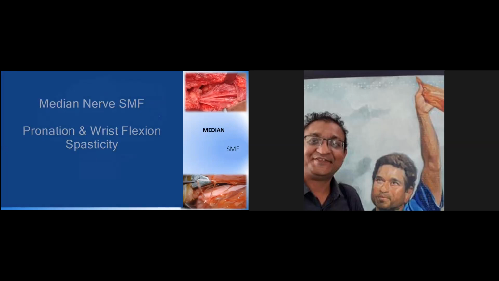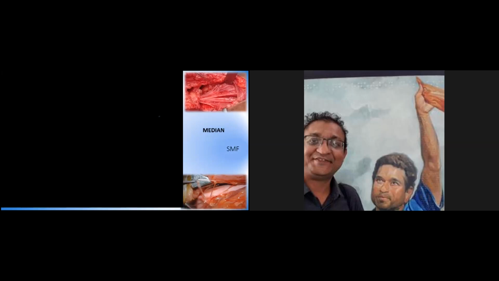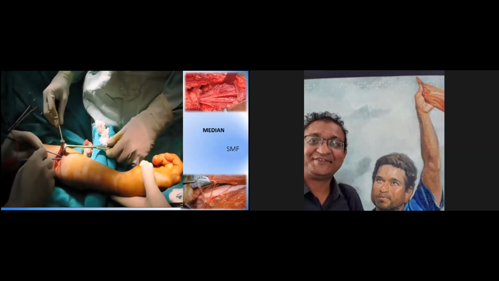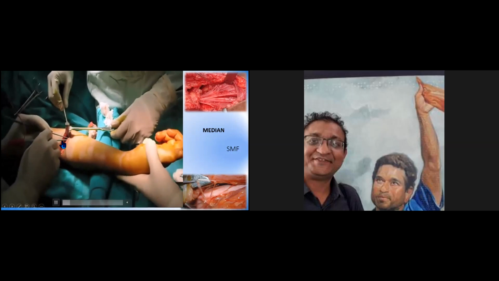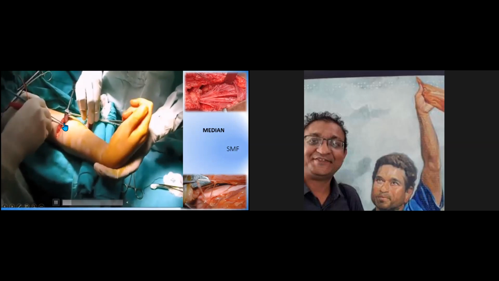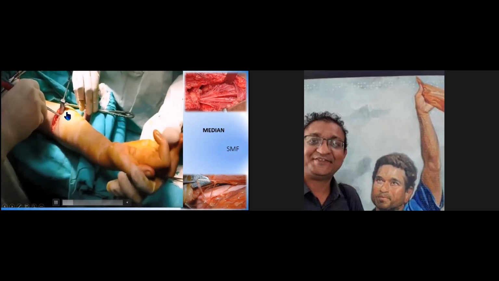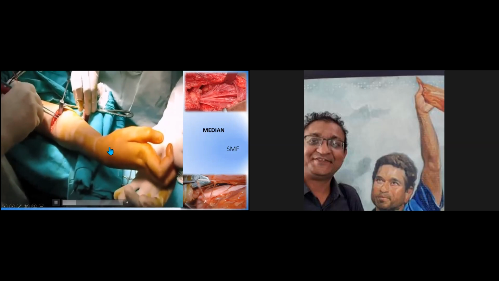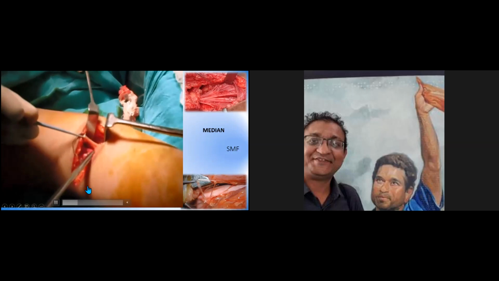Well, to give you just a glimpse of how we can perform surgery in the upper limb, here the median nerve has been exposed, and we are stimulating different fascicles to see the pronation, for example, or wrist flexion, and that is how this procedure is done.